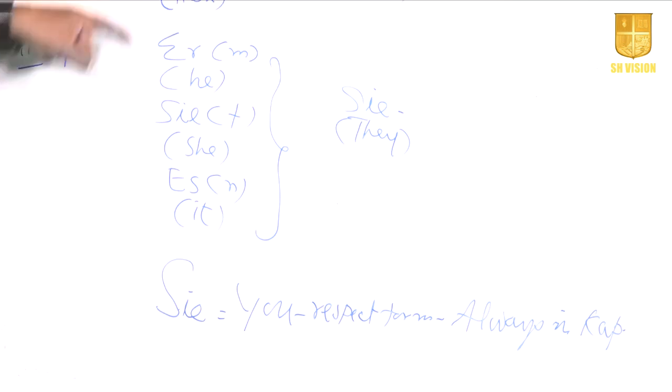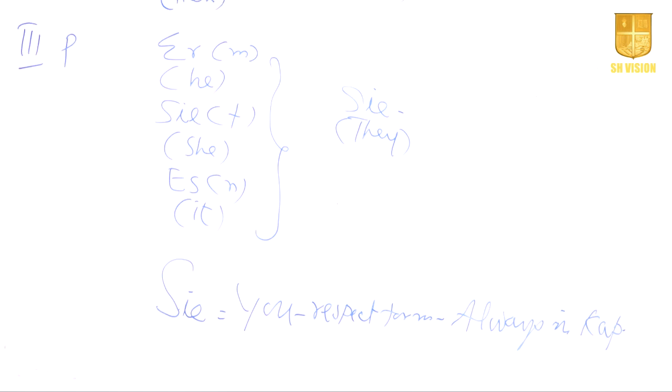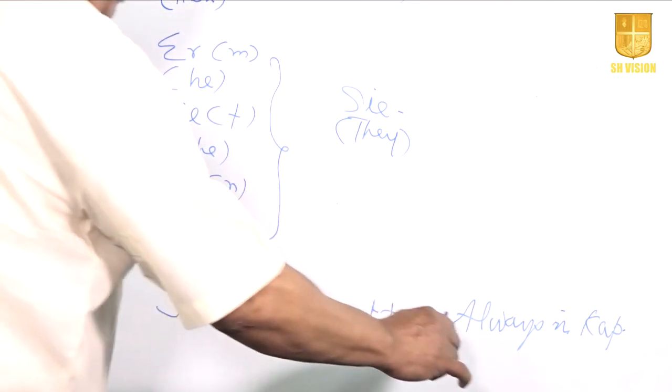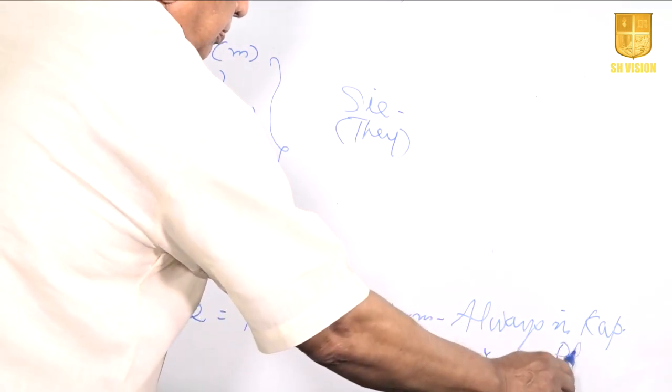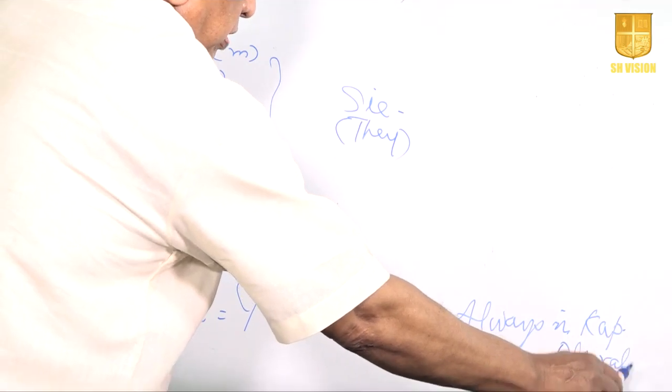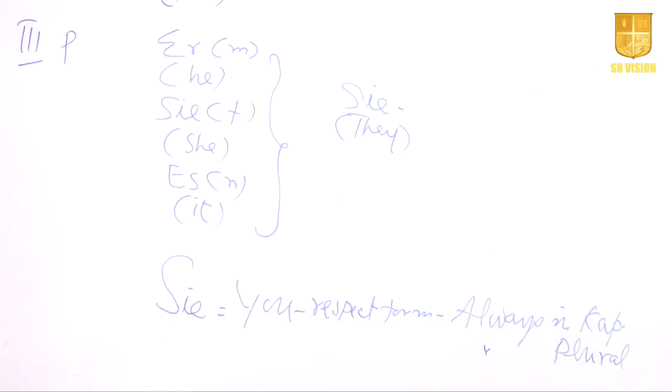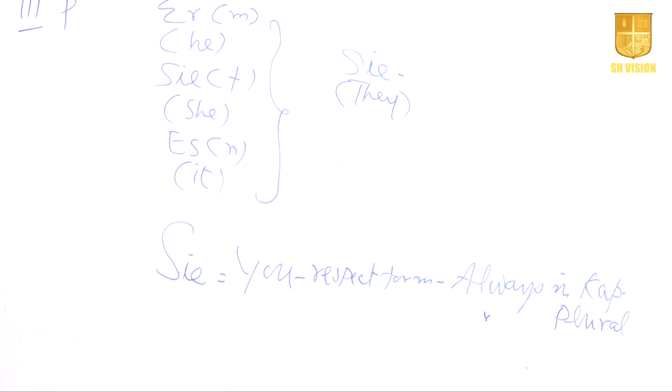Never use du. So Sie is the respect form, which is always capital and always plural. The verb should be in plural if you use this Sie.